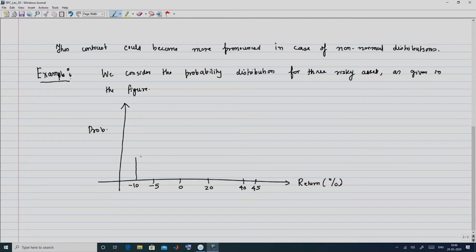Now, we take this portfolio A from -10 to 20%. So, this is going to be my portfolio A. Then portfolio B is something that is going to be from 0 to 40%. So, this is portfolio B, and portfolio C is something that will go from -5 to 45%.